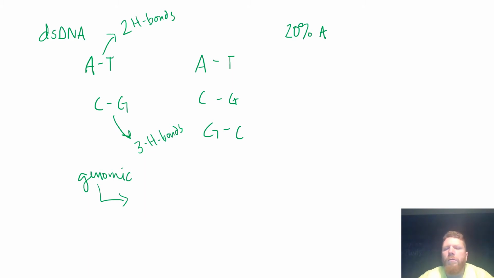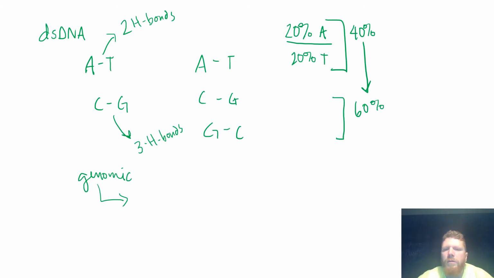Well, one thing that you know is that if an organism is 20% A, it is also 20% T. That total accounts for 40% of the genomic nitrogenous bases of that organism. The other remaining amount is 60%, split up among 2 different bases, C and G. And since this is 60%, you can break this down to 30% C and 30% G.